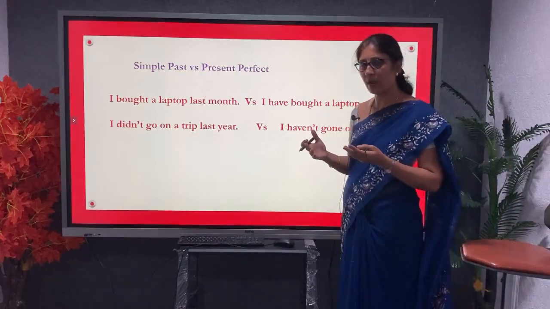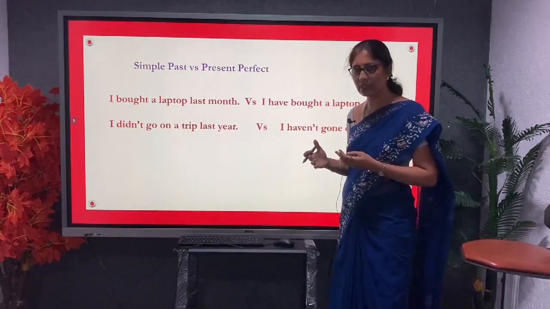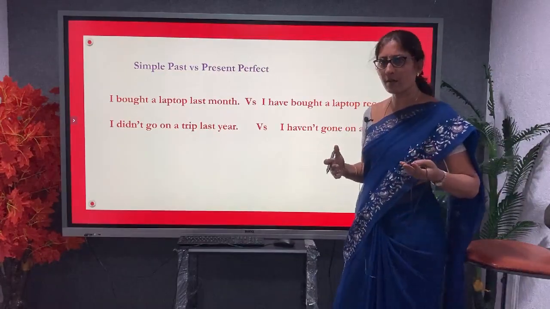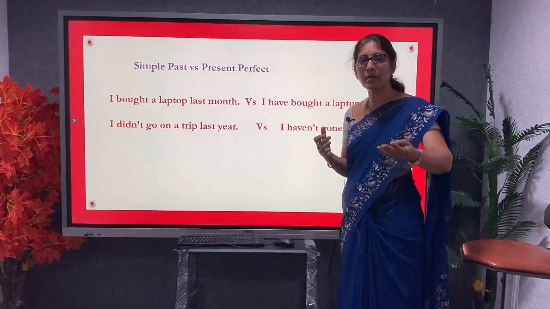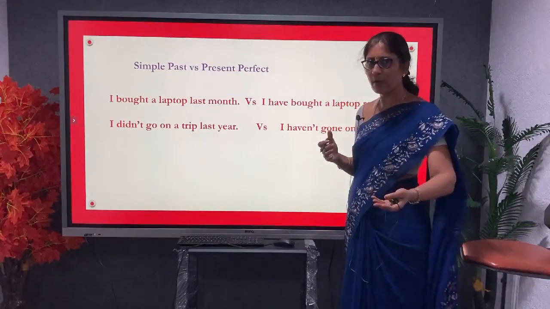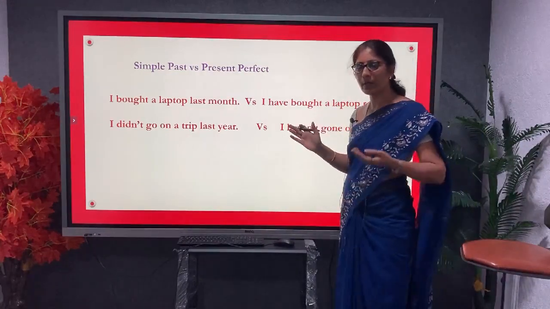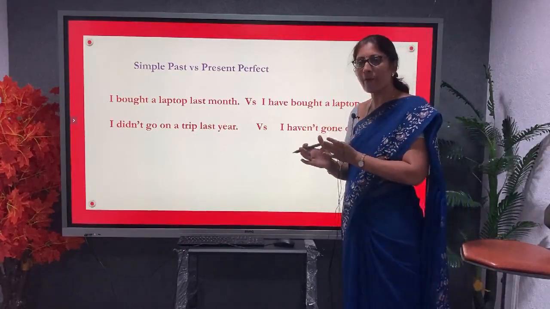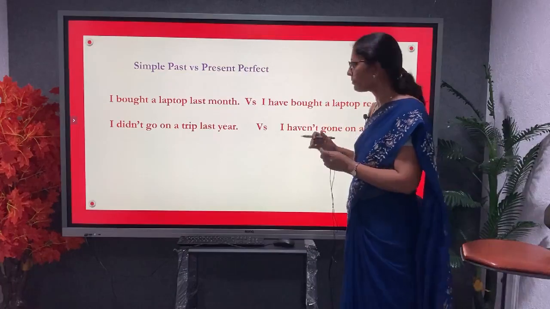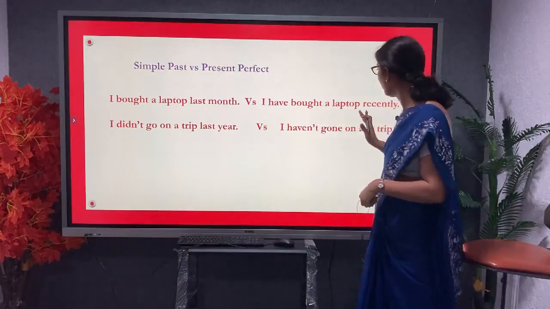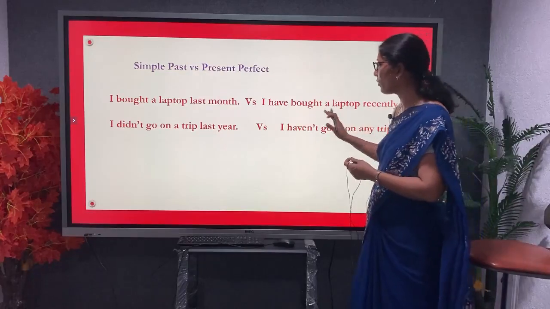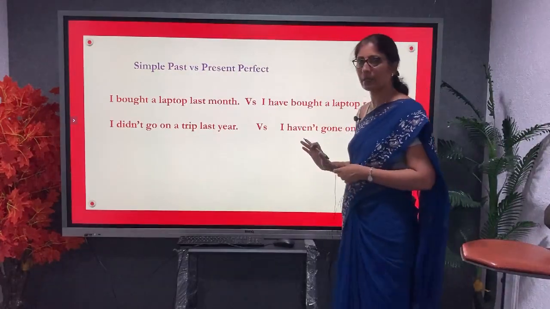Generally it is your habit or hobby of visiting Tirupati, but suppose the action happened 2 months before, still you can use it, because it depends on time, right? Still you have that effect. So there we can use it. Still it has an effect, so we use present perfect tense.